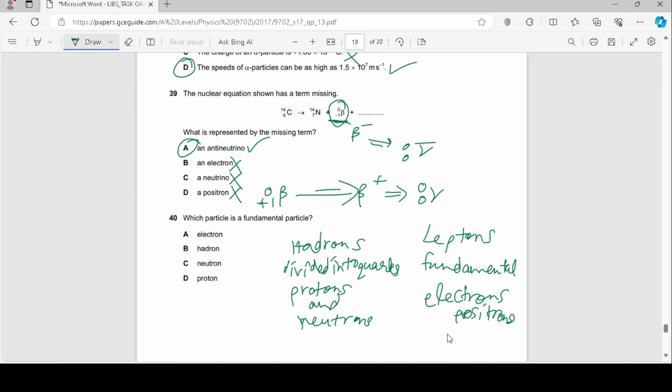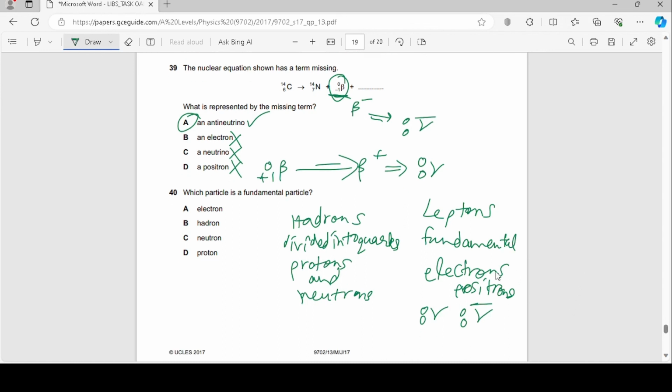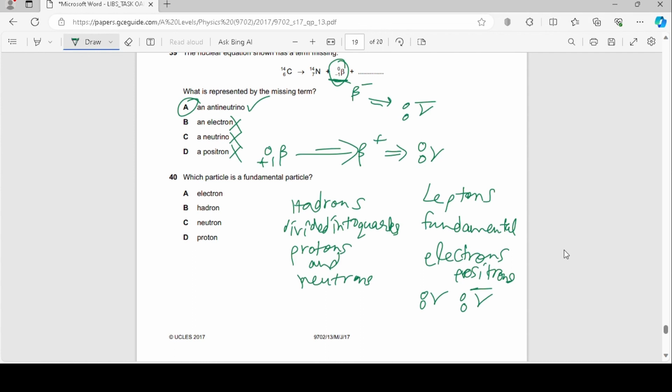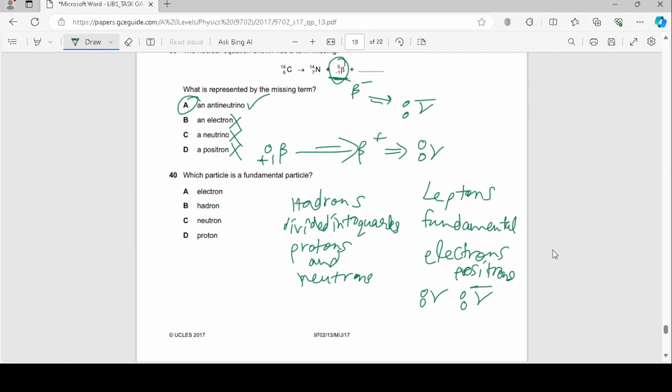This is the neutrino, and this is the antineutrino. But you get the point. These particles cannot be divided further, whereas protons and neutrons can be divided into quarks, whereas electrons, positrons, neutrinos, antineutrinos, they cannot be divided further, at least I think until today's research. But I've not been following research, so maybe they can be divided. I don't really know, but that is what I know for now.